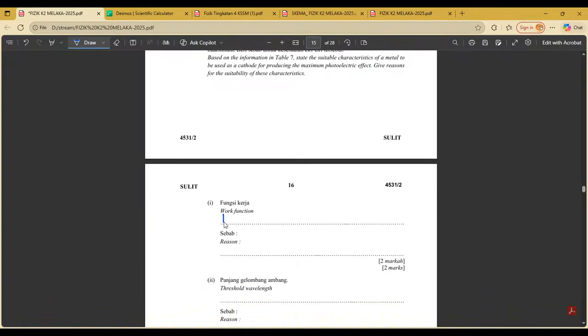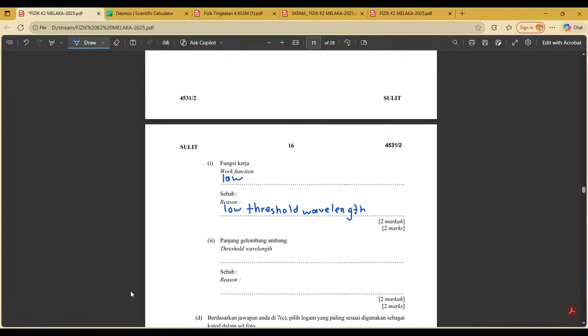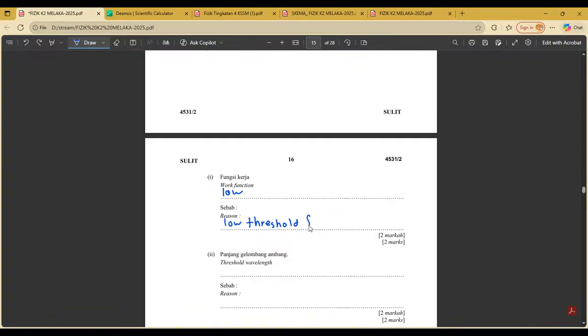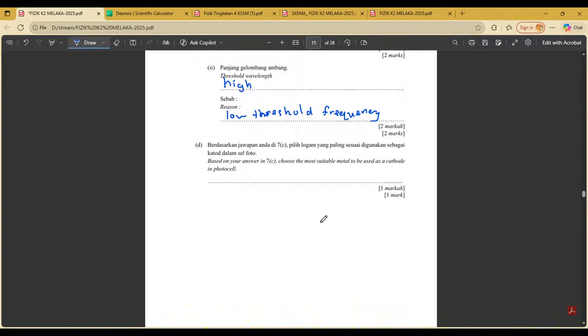Work function, low, reason, low threshold frequency. So what am I using? Cesium.